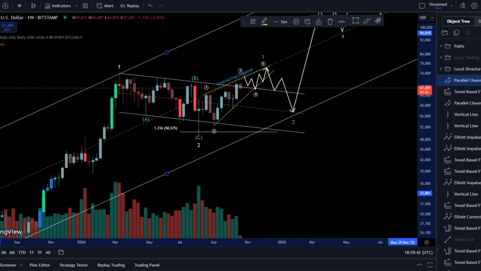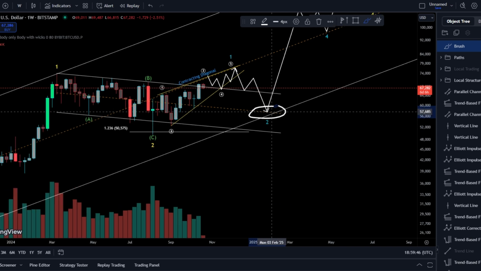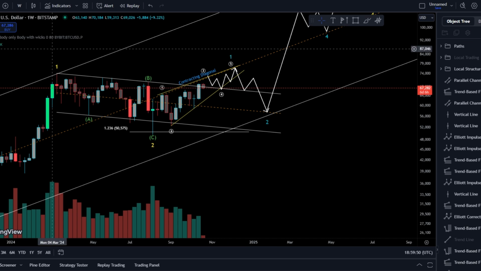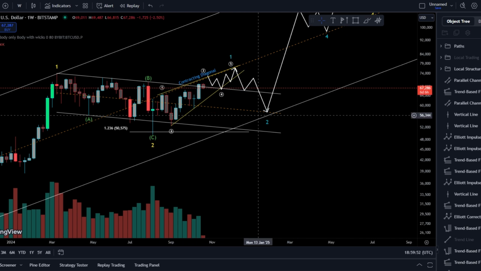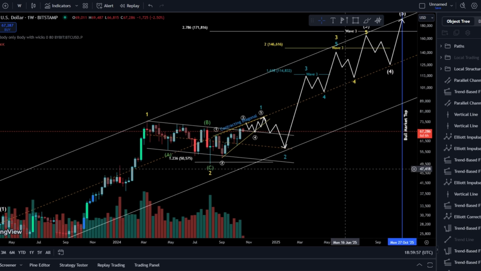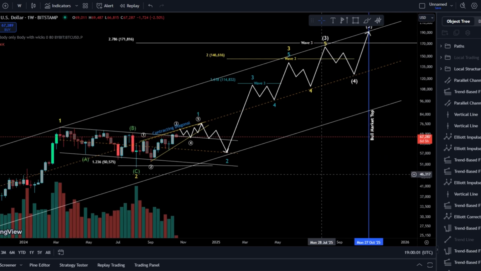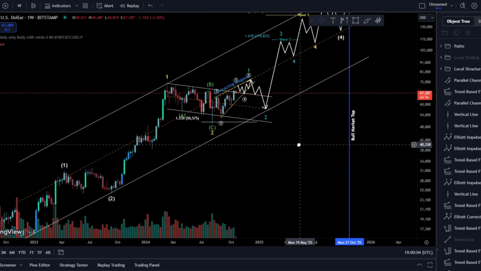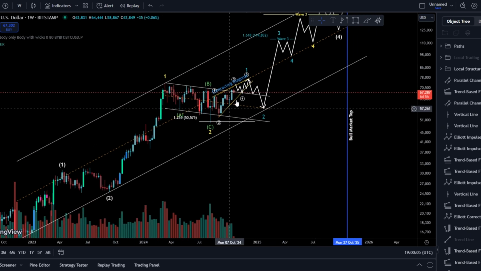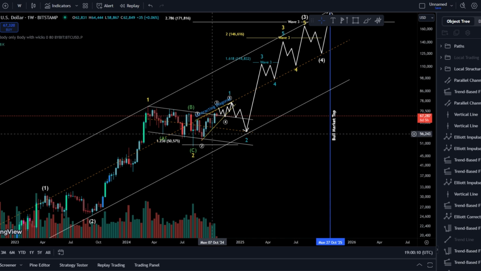Here we are looking for powerful support, which would complete a beautiful 1-2 structure. And simply, we would begin rocketing higher. From there, we would have a triple 1-2 setup, and the wave 3s would begin to unfold.